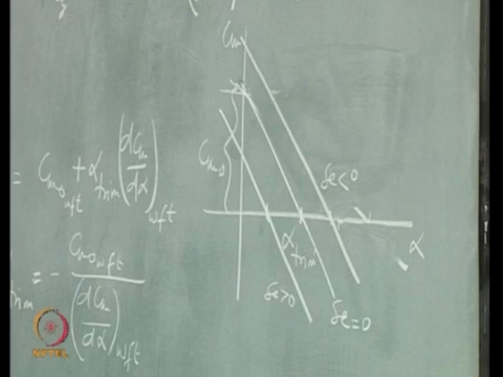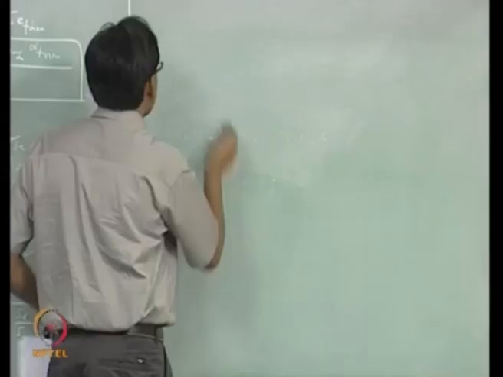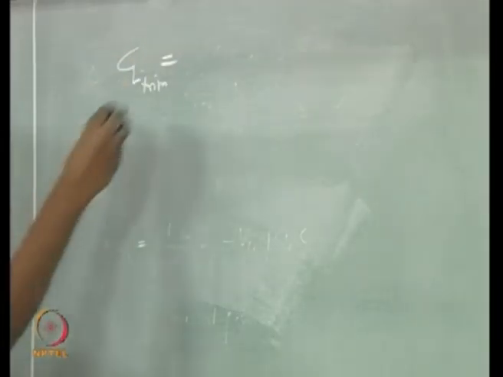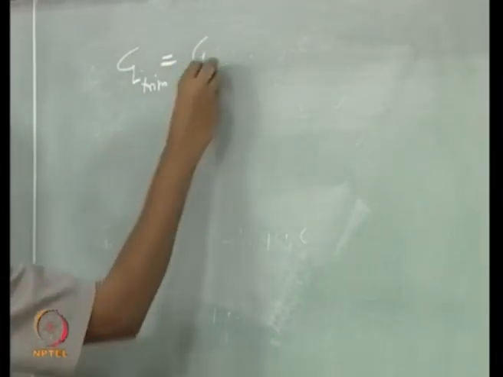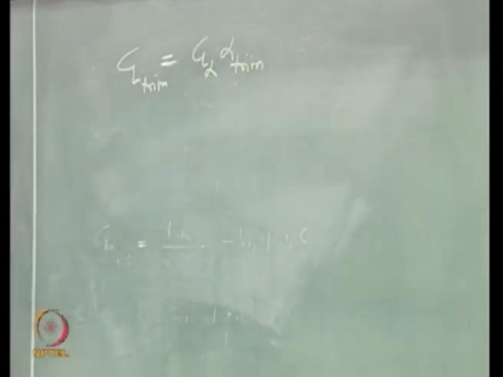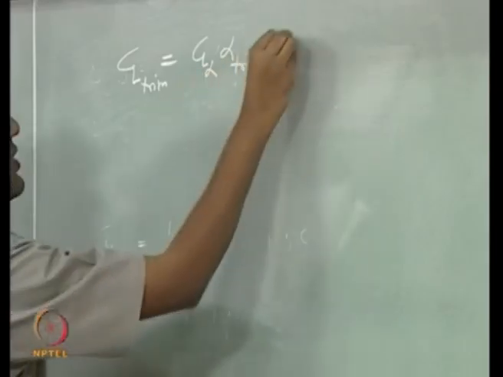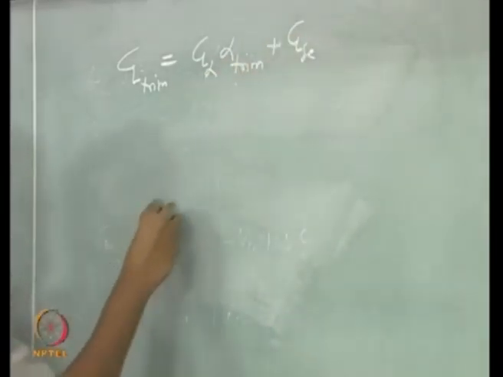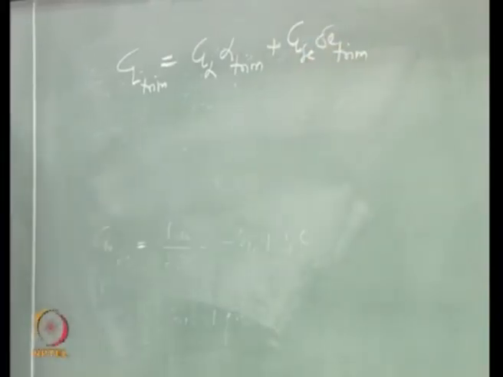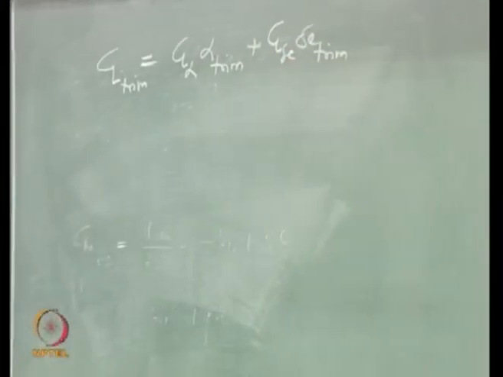Let me write another expression. So, I can also write CL trim, right. CL trim is CL alpha into alpha, this CL alpha is for the whole aircraft, right, plus the elevator term. Okay.